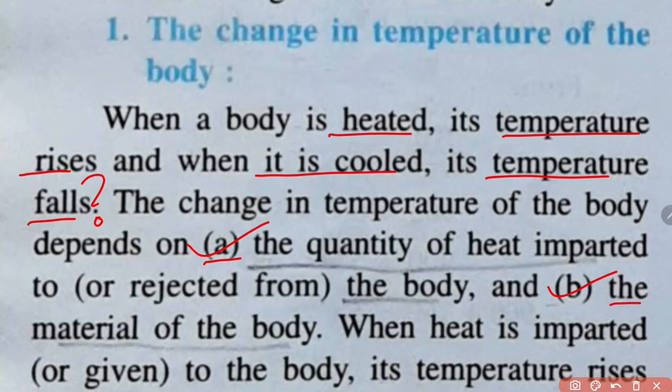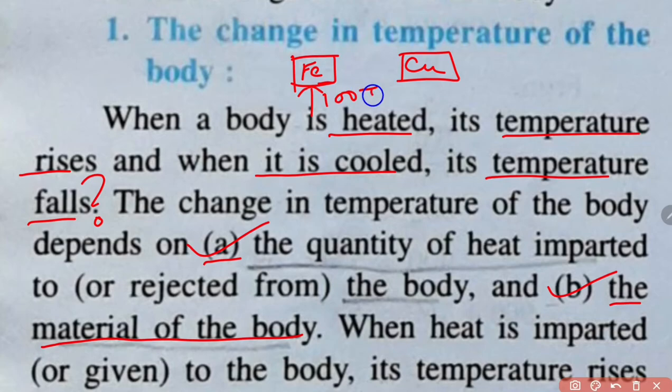Now coming to the next point, which is number B, the material of the body. Let us take this example. Let us consider two substances, one iron, the other copper. Suppose they are of same mass and we are giving heat to iron about 100 joules, and we are giving the same amount of heat to copper, which is also 100 joules. Suppose both of them are at 20 degrees Celsius.